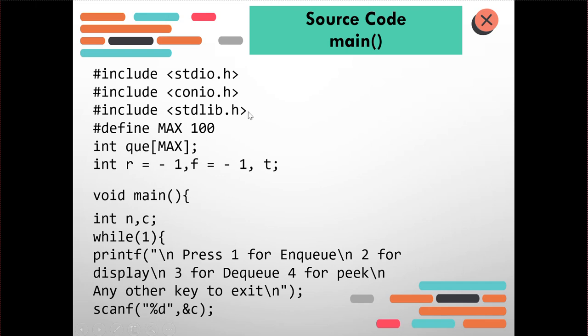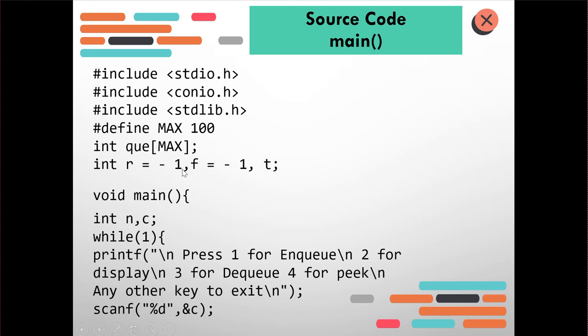First, we will add some header files and library functions, and then define a max variable as 100, which would represent the maximum capacity of the queue. Then we would declare a queue with the same capacity, that is max or 100.